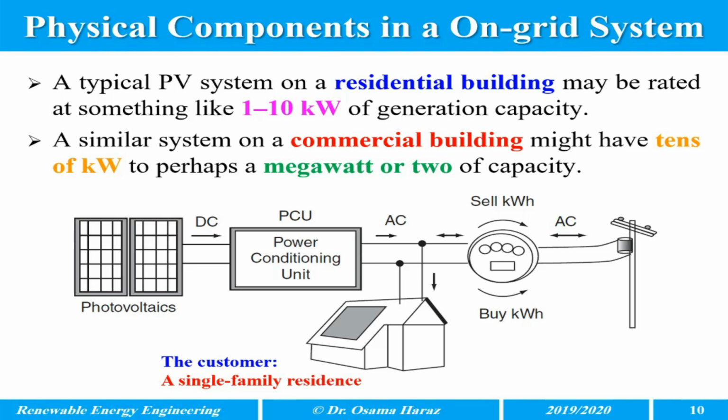In this slide you can see the block diagram of the grid connected PV system. It consists of photovoltaics, PCU or power conditioning unit, meter, and the grid.